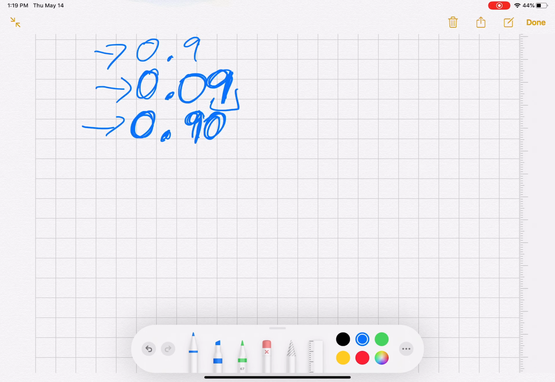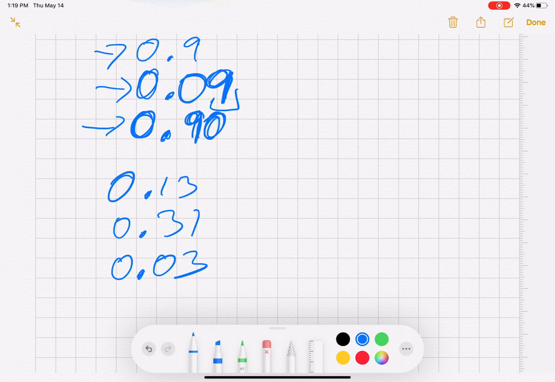Same as if I have these numbers here. It's really important that you say them properly because it helps you understand where they are on the number line and how they compare to each other.